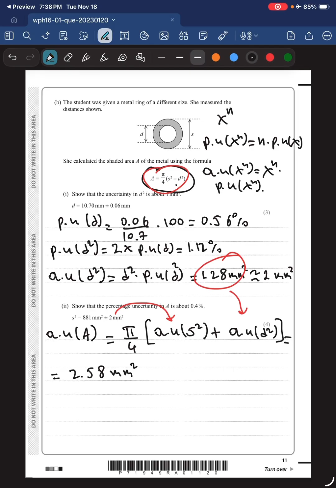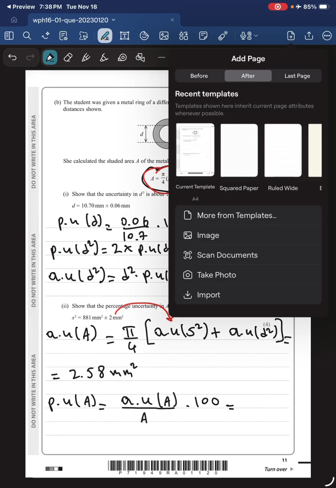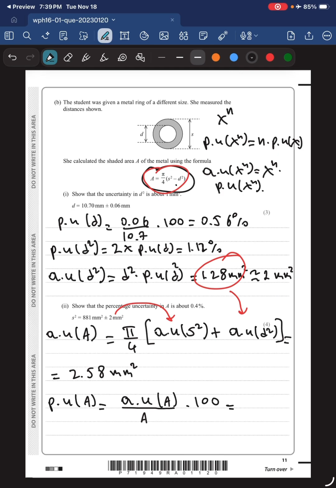Now, if we want to calculate the percentage uncertainty in A, we simply divide the absolute uncertainty in A over A times 100. Let me make sure that I am doing this correctly. Yes, that's correct.